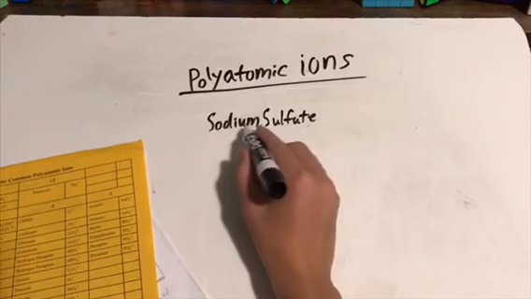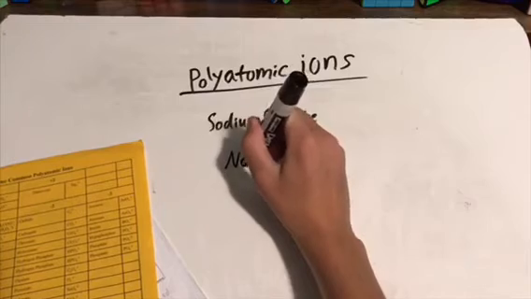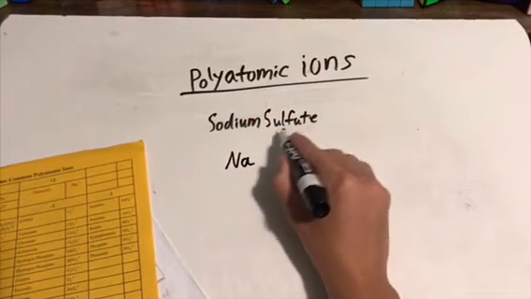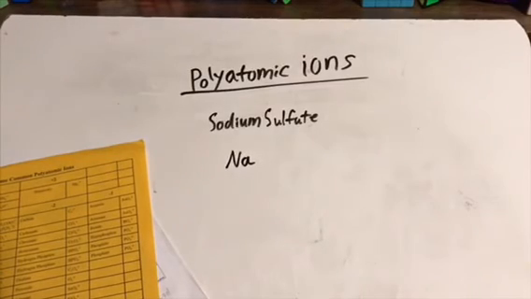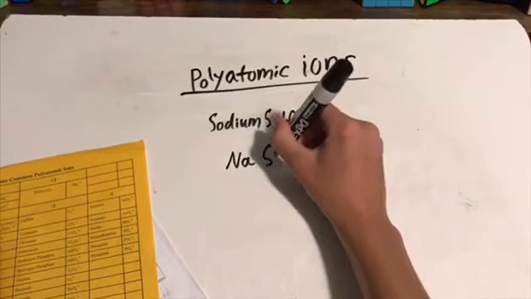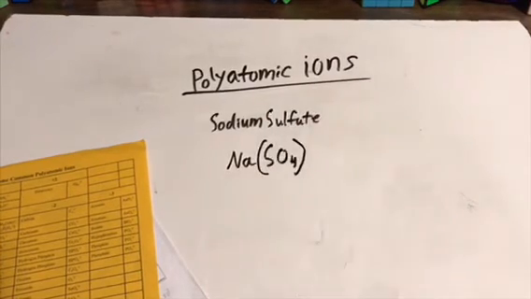First, find the symbol for sodium, which is Na. Then, find the formula for sulfate, which after looking on my sheet, I see is SO4. I'll just put parentheses around it now to help keep it straight.